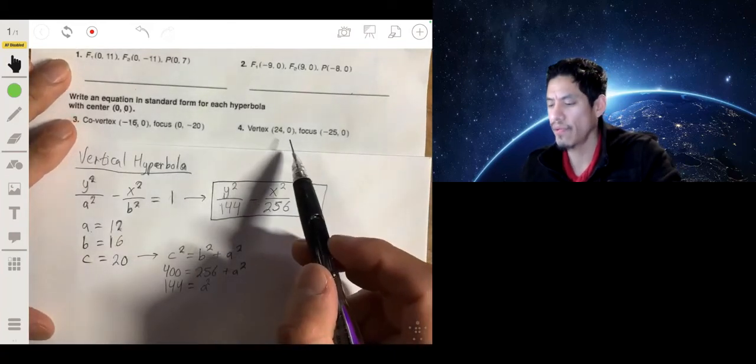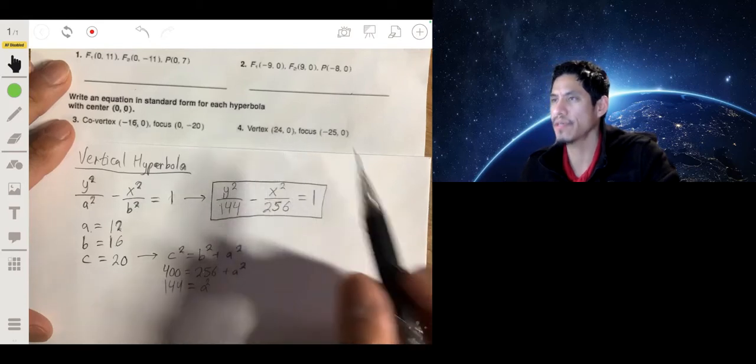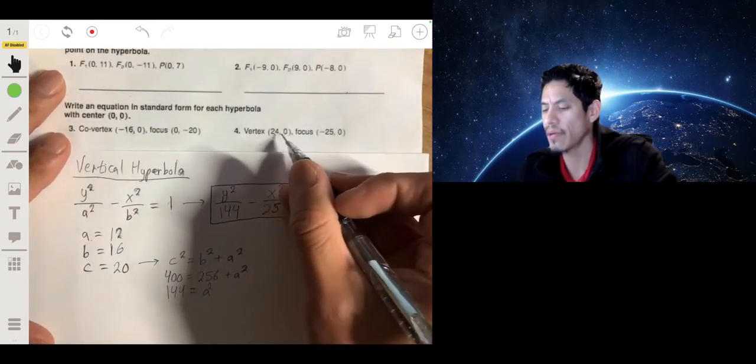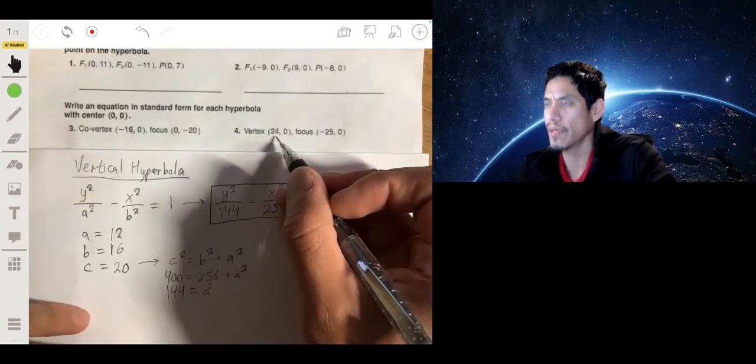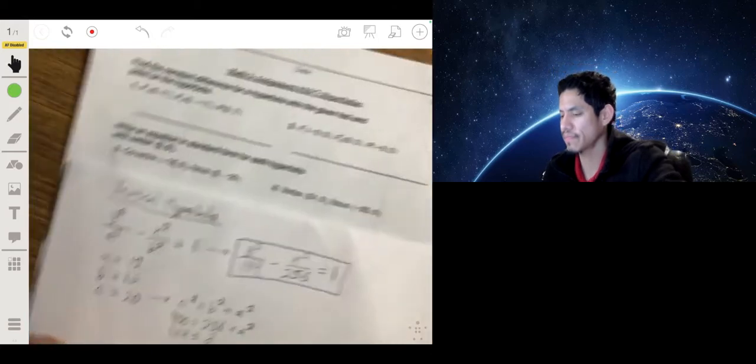So let's look at number 4. Number 4, we have the vertex at 24, 0. This tells us that it's going to be a horizontal hyperbola because the vertices are going to be on the horizontal axis.